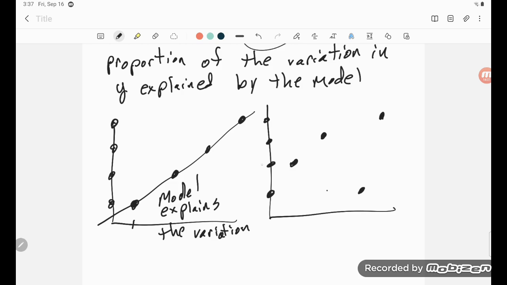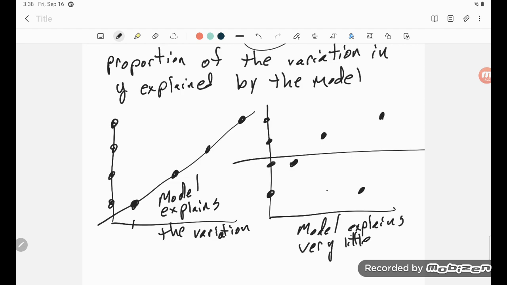And so the model might look something like this. And in this case, you see the model explains very little of the variation.